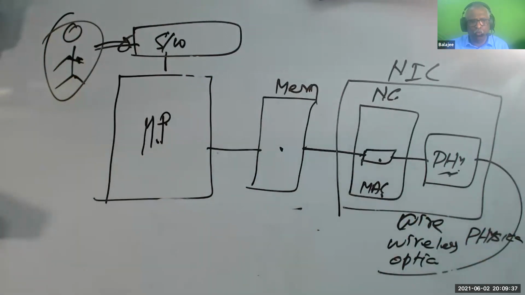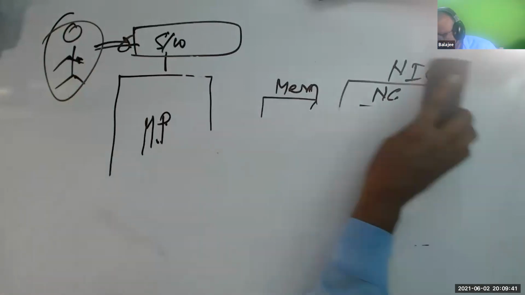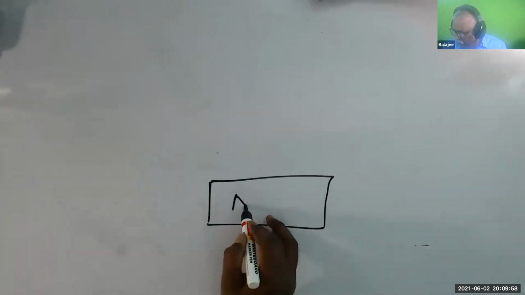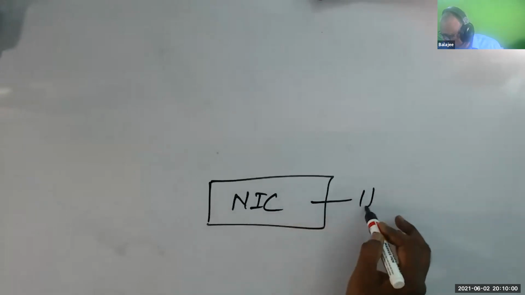Tomorrow we will discuss whatever we left out here. See, there are 3 things. We have discussed only the NIC, which is hardware.